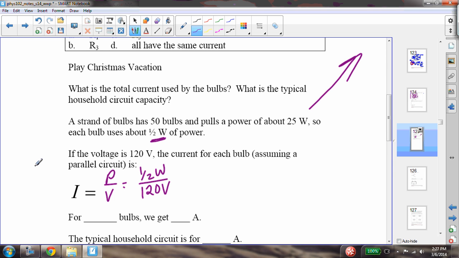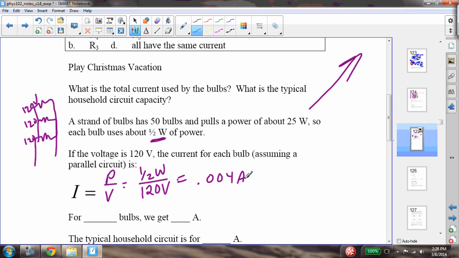Now this assumes, as is the case for most modern day Christmas lights, that they're hooked up in parallel, such that each of them gets 120 volts. And so we get a current here for these half watt bulbs of 0.004 amps. So each light bulb just pulls a teeny tiny bit of current.